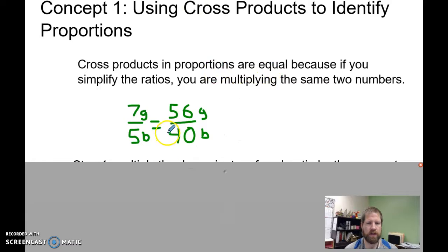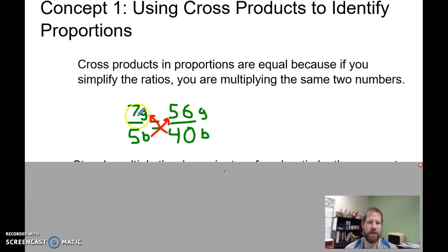Cross products basically says that you're going to take the denominators and multiply them by the numerators across the equal sign. And you should always be multiplying by a different unit. Remember, ratios have to have a different unit in the numerator from the denominator.